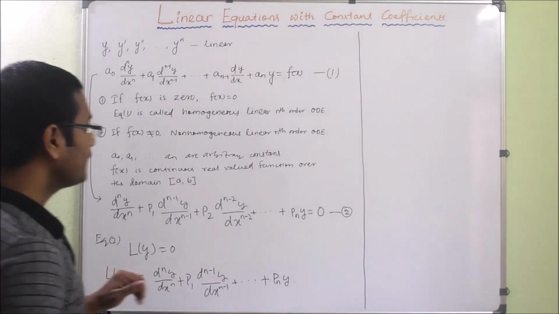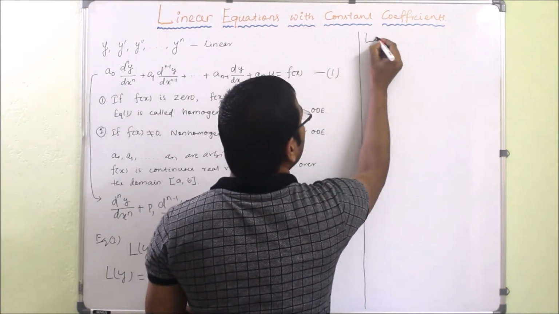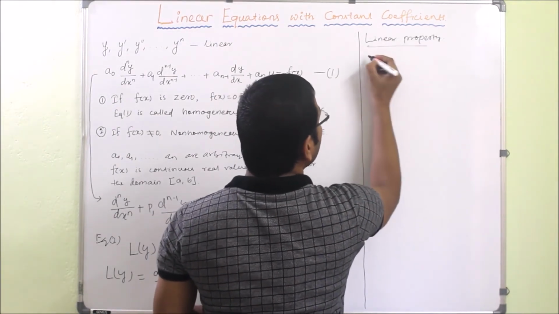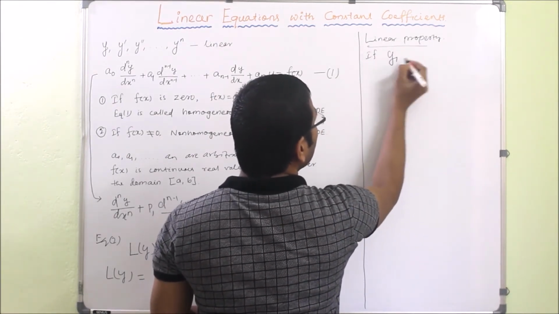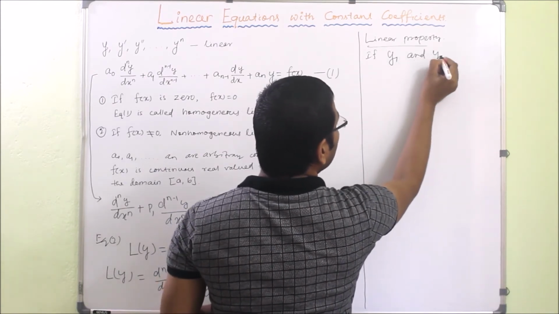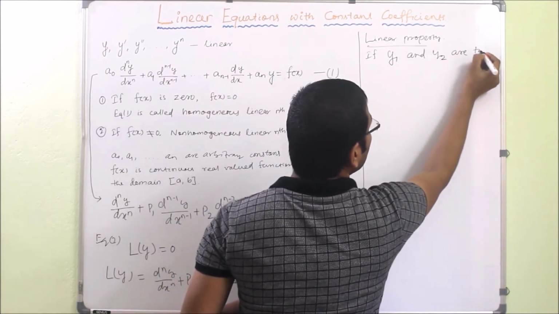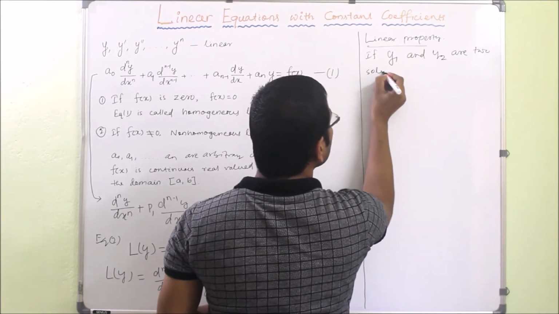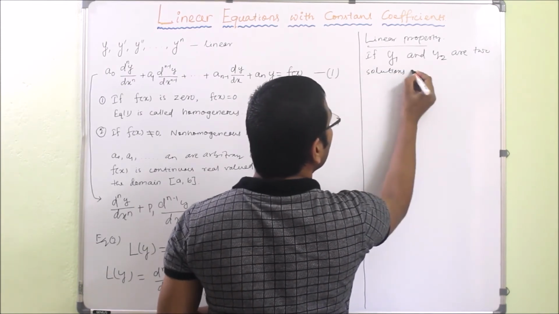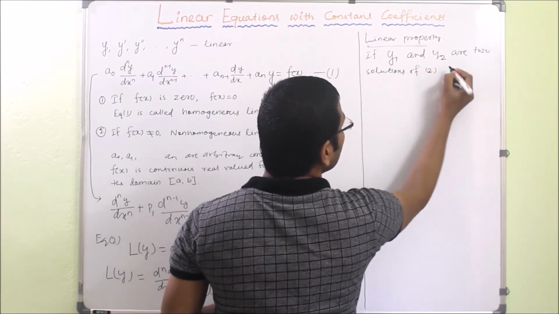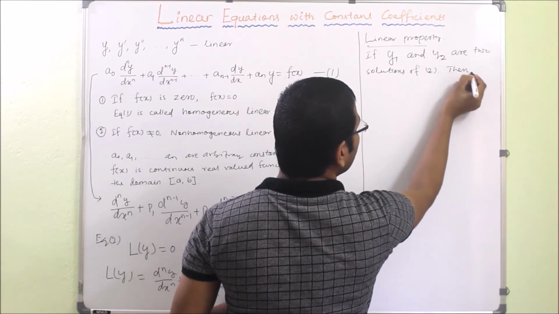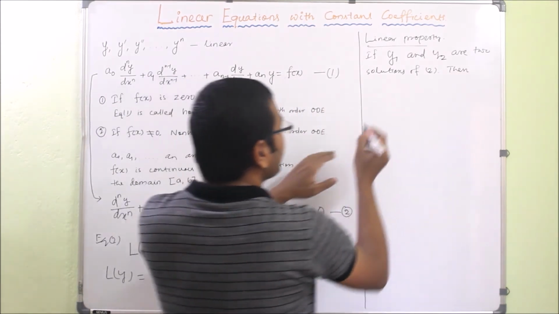Now we will see the linear property. If y1 and y2 are two solutions of equation 2, then what can we write?